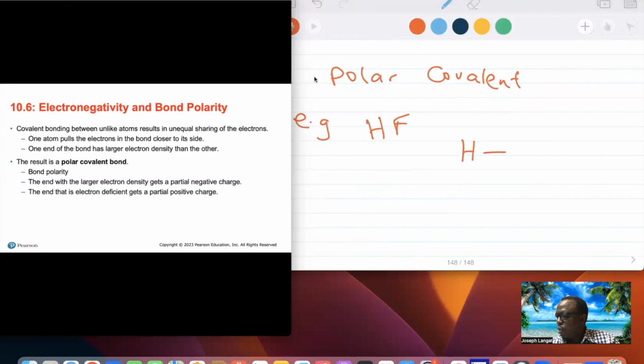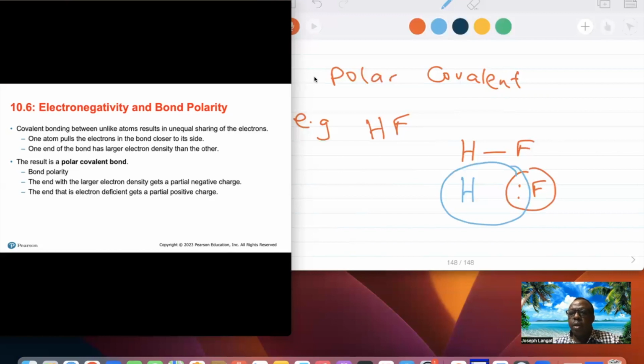Even though we have it like that, the sharing of electrons is not equal. So electrons spend more time near fluorine, which pulls the electrons because it is most electronegative. You see, the electrons are closer to fluorine.